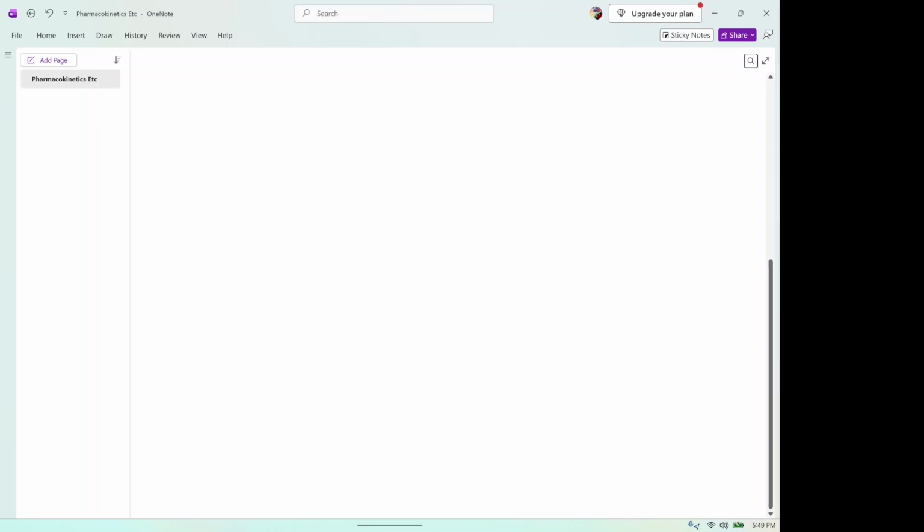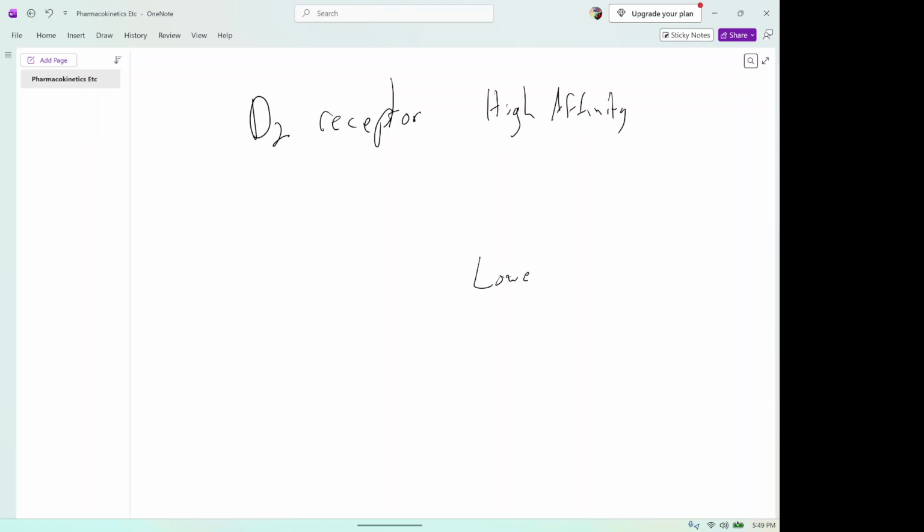But for instance, if we're talking about the D2 receptor, you can list drugs by affinity. So we could say high affinity, so lower affinity.